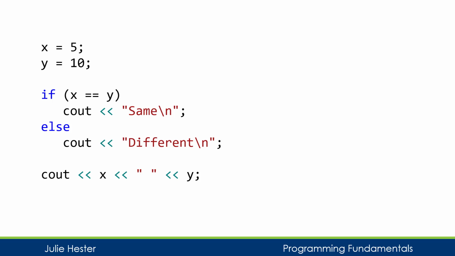When I compare x and y's values, 5 and 10, they won't be the same or equivalent, so I'll skip over the statement that says same, and I'll go to the statement following the else that says cout different. Then finally, I'll display the value of x and y, and my output will say different, and then 5 and 10.